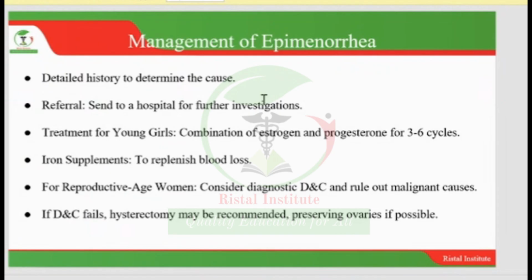So if the D and C has failed, then the uterus may need to be removed, but the ovaries can remain in place so that in case the mother needs to reproduce using other ways, then her ovum can still be picked and she can reproduce.